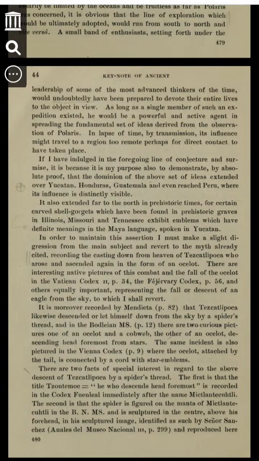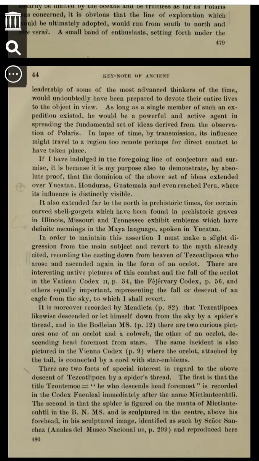All right, but we stopped there, right there, the object in view. As long as a single member of such an expedition existed, he would be a powerful and active agent in spreading the fundamental set of ideas derived from the observation of Polaris. And with lapse of time, by transmission, its influence might travel to a region too remote, perhaps, for direct contact to have taken place.